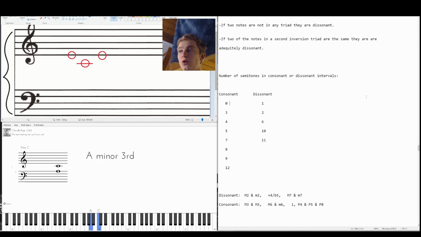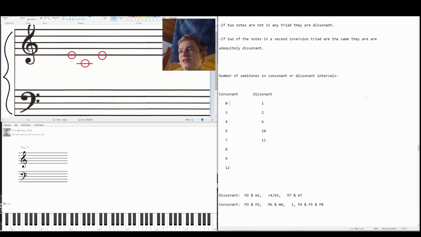Then we go up to 4, which would be our major third. And then we go up to 5, which would be our perfect fourth. And then we go up to 7, which would be our perfect fifth. And then we go up to 8, which is our minor sixth. Then to 9, which is the major sixth. And then to 12, which is the octave.